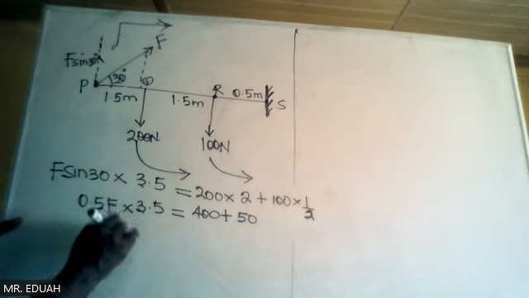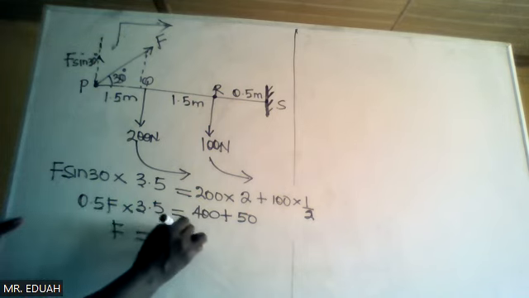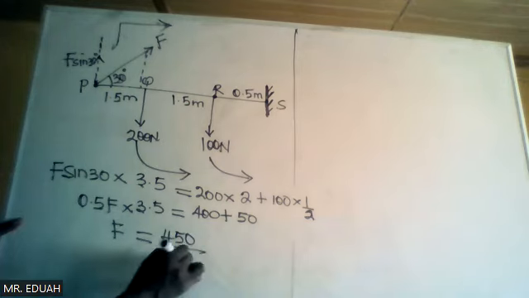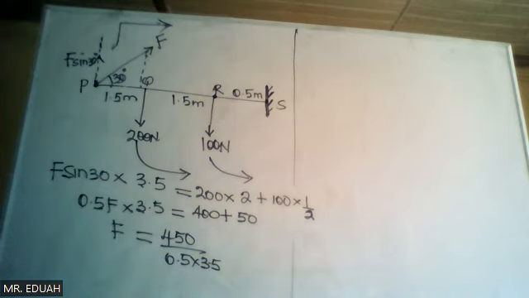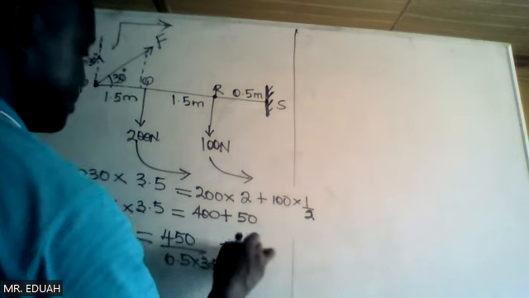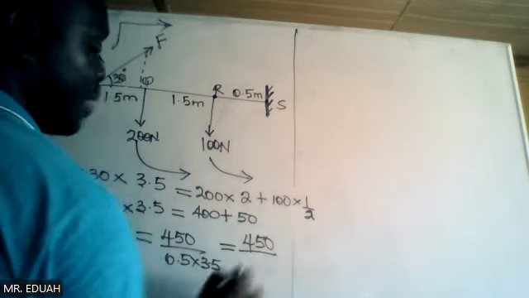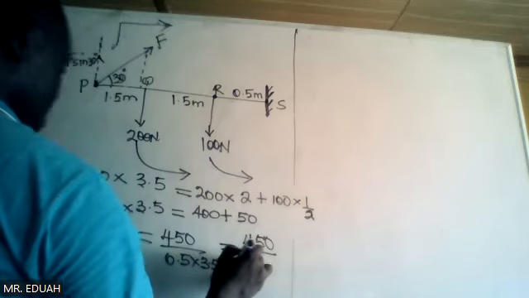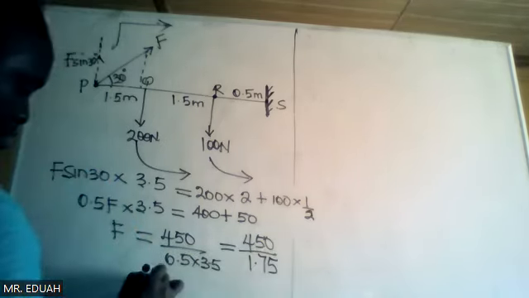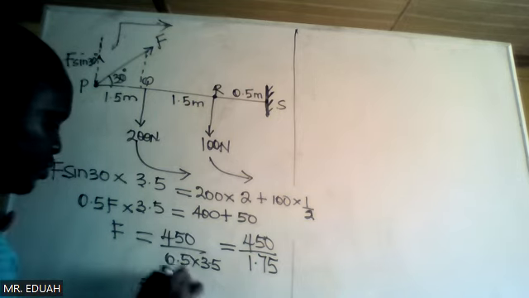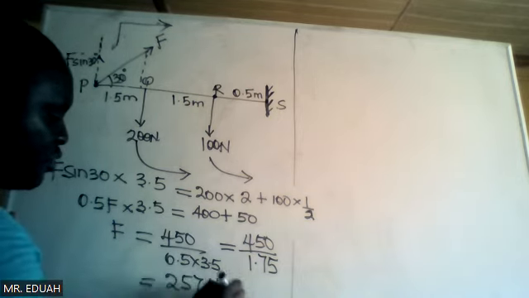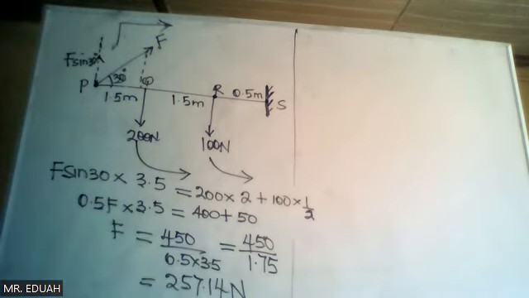What's that? 1.75. Yes, please. So when you divide 450 by 1.75, what's your final answer? 257.14. Yes, 257.14 Newton is the force.